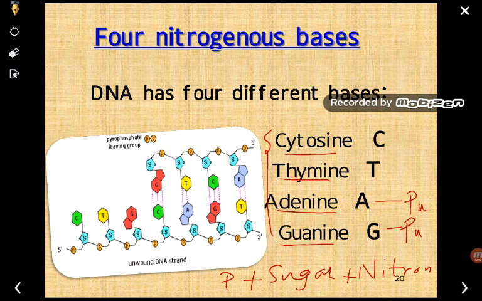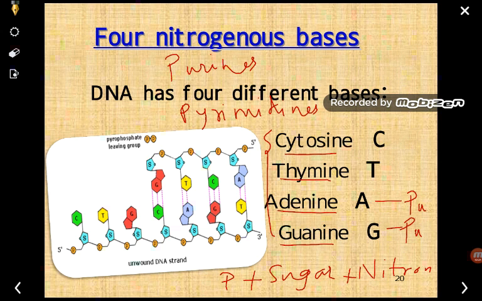These nitrogen bases are again divided into two groups: the purines and the pyrimidines. So nitrogen bases are grouped into two, they may be purines and pyrimidines.